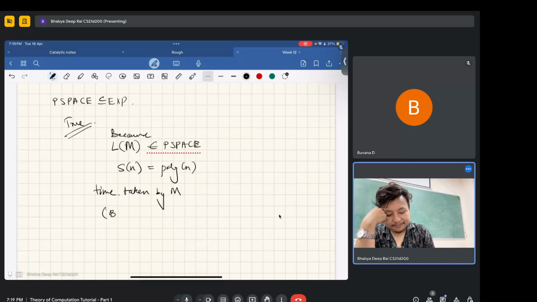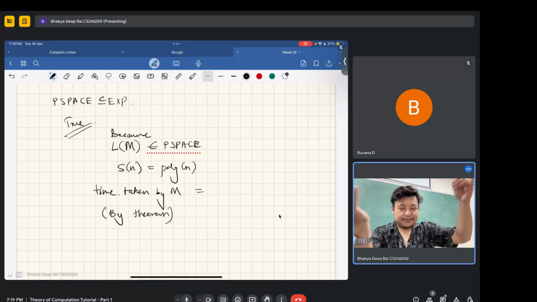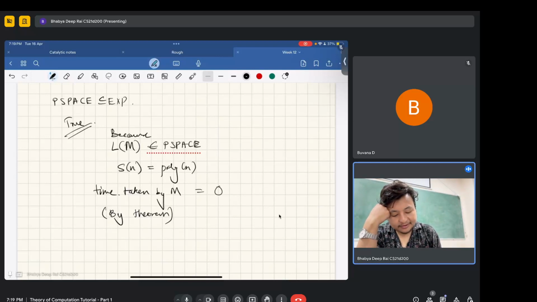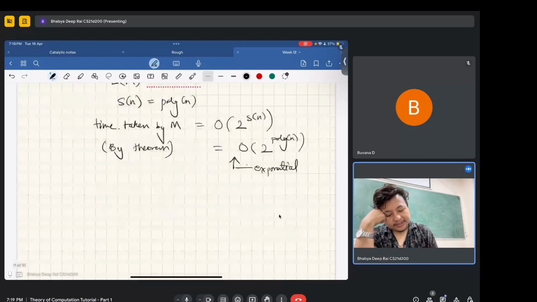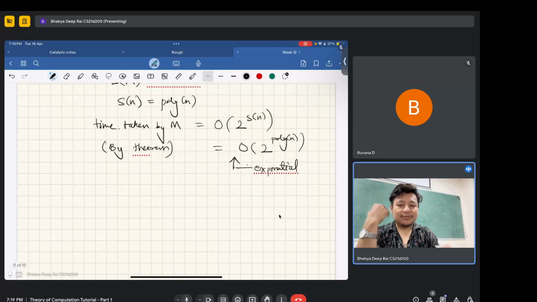By the theorem that we saw earlier, we have exponential in terms of S of n, so order of 2 to the S of n, which is order of 2 to the polynomial in n, which is exponential. So M takes at most exponential time.